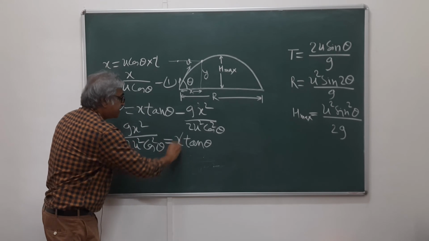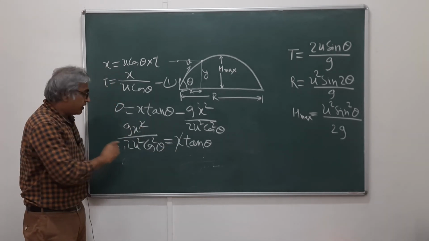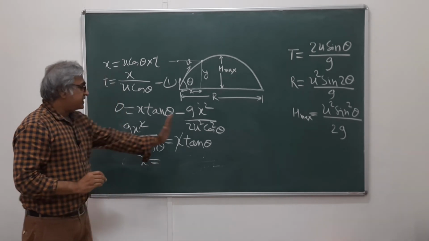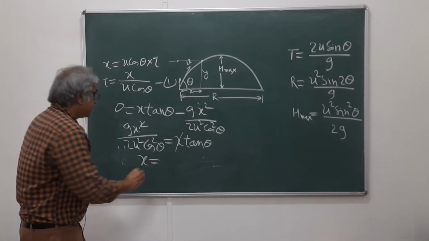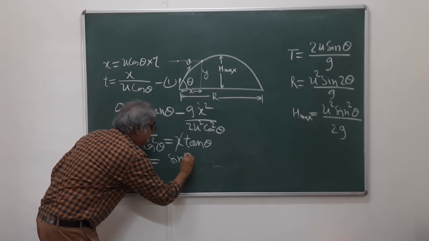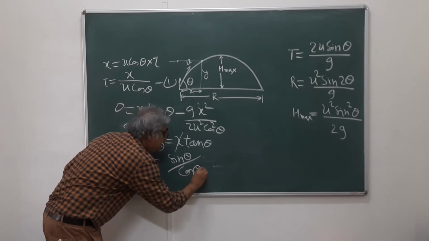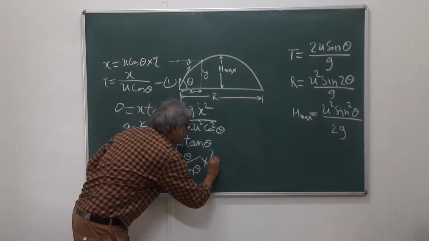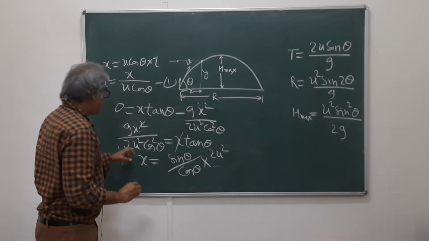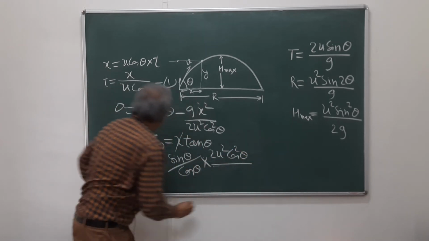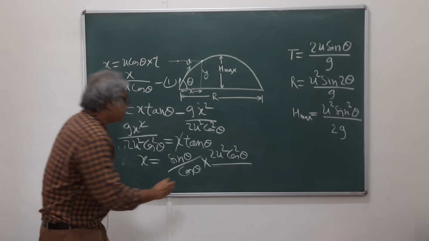If you cancel x here, this x is gone. On the left hand side, you'll get x equal to, we will transfer all these terms here. So you'll get tan theta. I'll write this tan theta as sine theta by cos theta into 2u square cos square theta upon g, right?